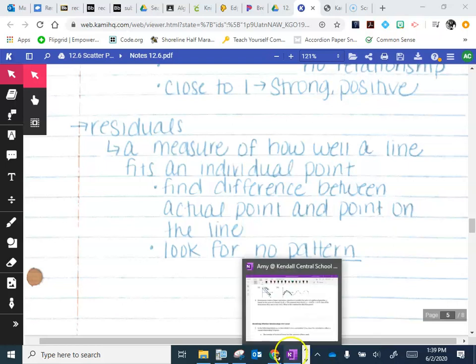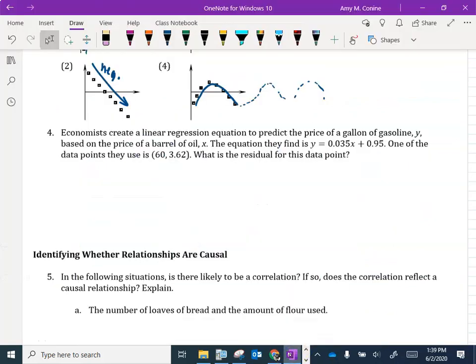So what we need to do here is, this is the exact point, and we're going to use 60, our x value here, to find the point on the line. So we're going to plug it in. So y equals 0.035x, which is going to be 60, and add the 0.95 to it.